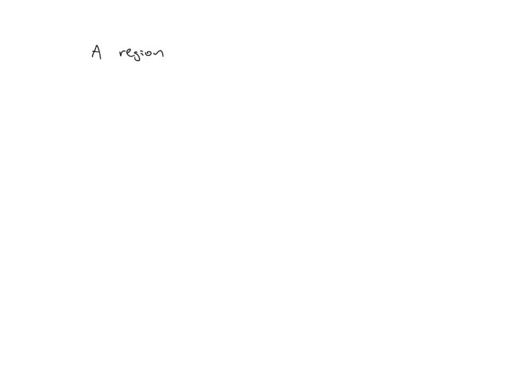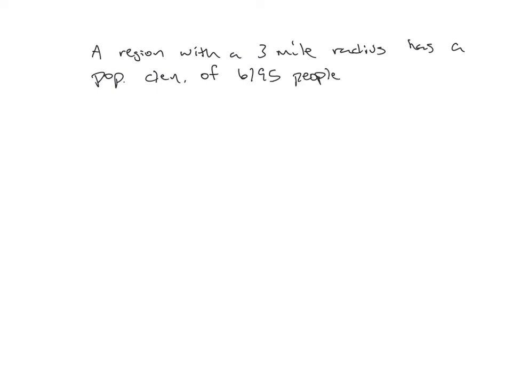A region with a 3-mile radius has a population density of 6,195 people per square mile. Find the total amount of people.